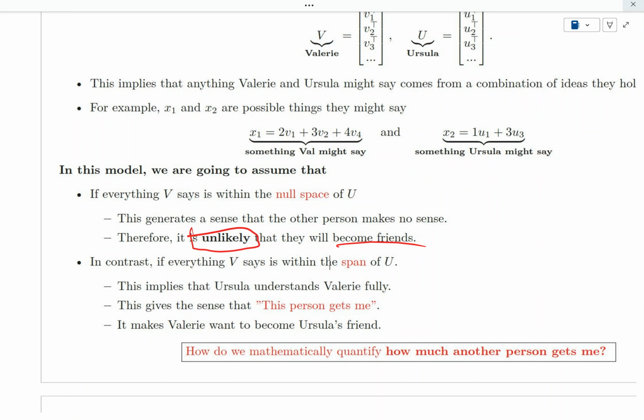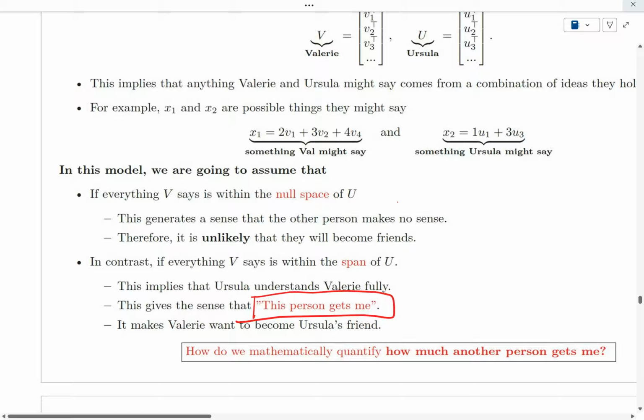In contrast, if everything Valerie says is within the span of Ursula, that means Ursula is capable of understanding what Valerie says. And this gives the impression that this person gets me and understands what I'm saying, because what I'm saying is within the span of what they are capable of understanding.